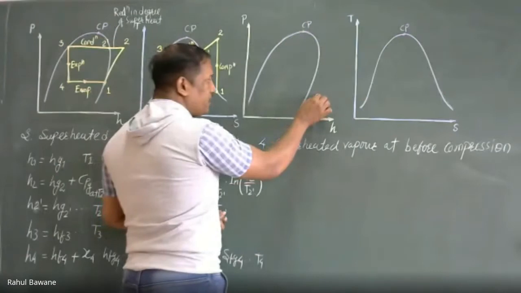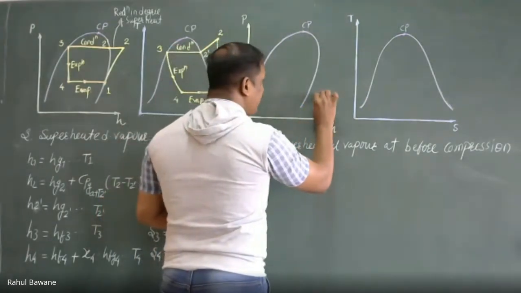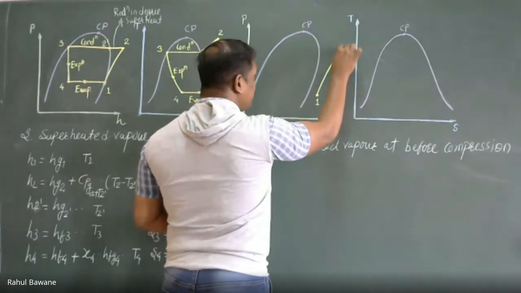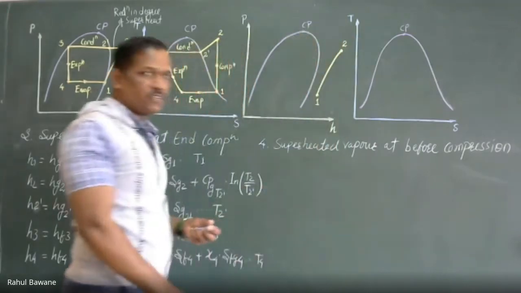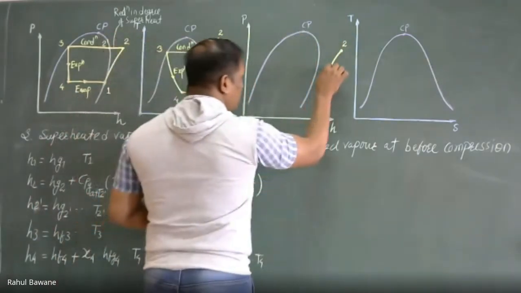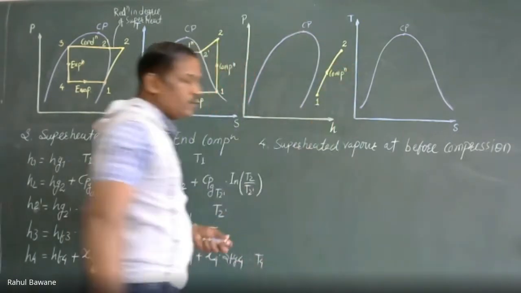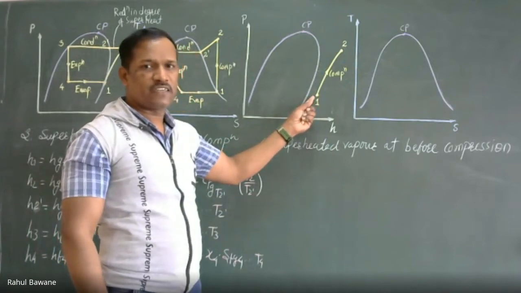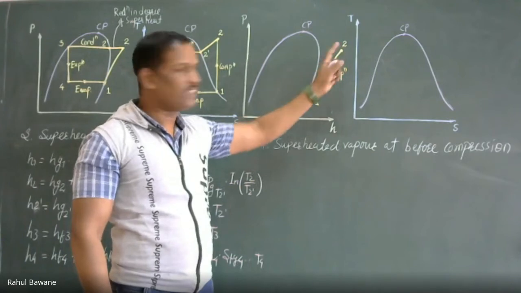So superheated vapor enters into the compressor, then adiabatic compression will take place and it will reach its degree of superheat, and this is the exit of the compression operation. So compression will end there. This is the compression process. So before compression already vapors are in superheated condition. After compression definitely reach superheated condition.